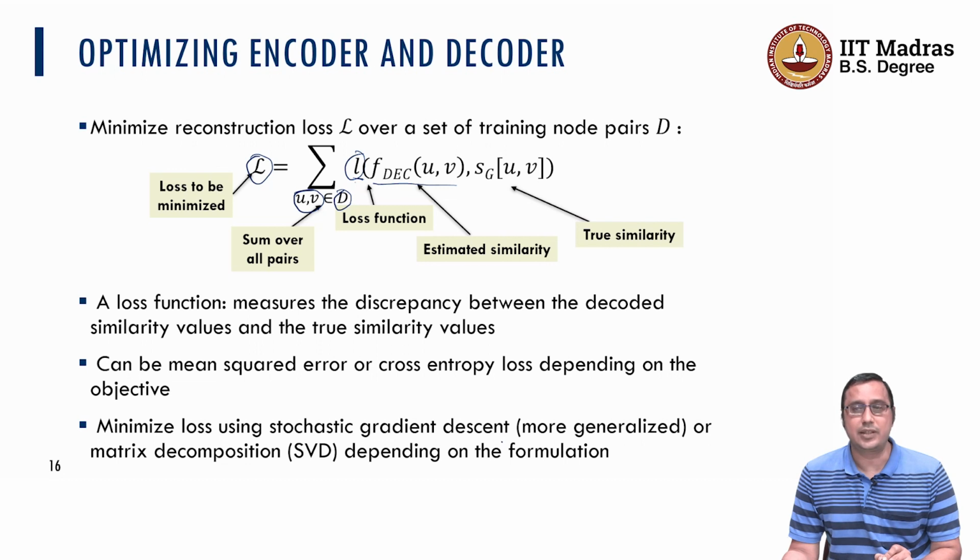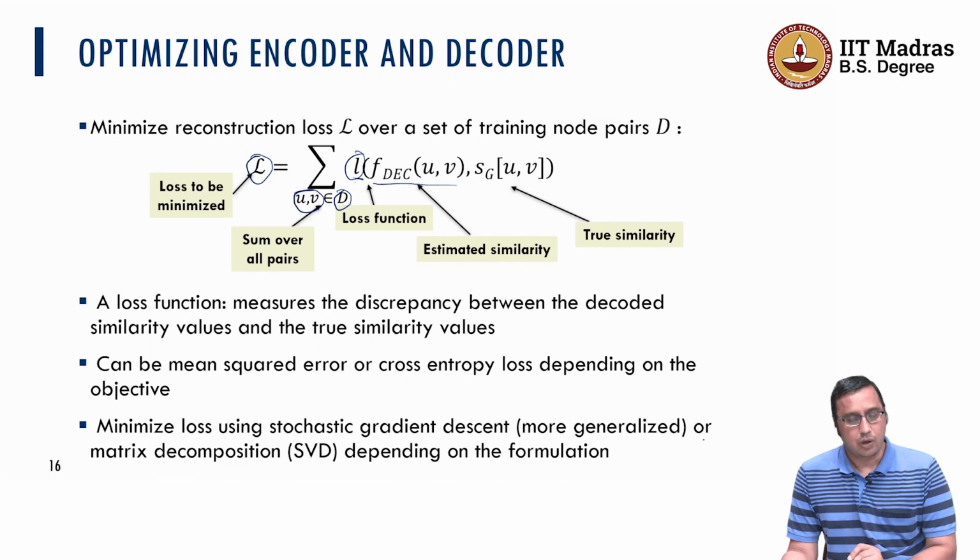We use stochastic gradient descent or a more generalized algorithm to solve this kind of loss function, depending on the form of the loss function. Also, we will see that in certain formulations we can use matrix decomposition related techniques such as SVD, singular value decomposition, to solve the problem.